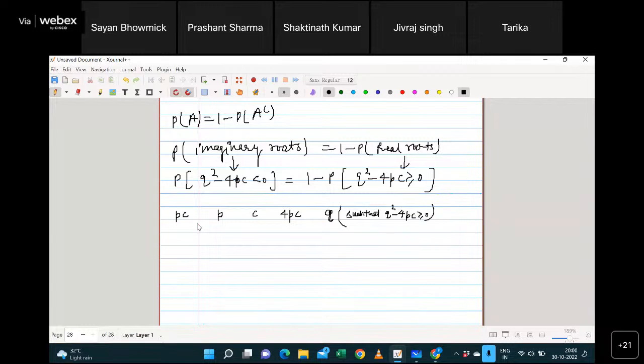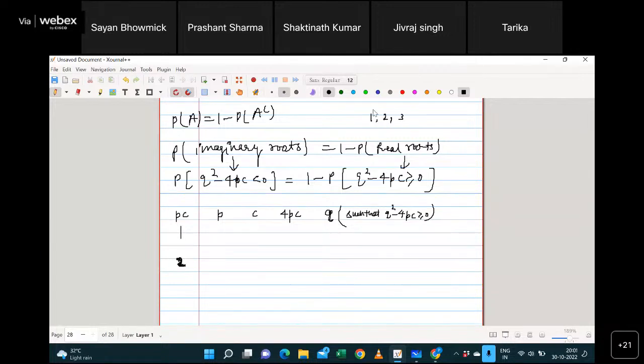So suppose my pc can take value 1 and 2.